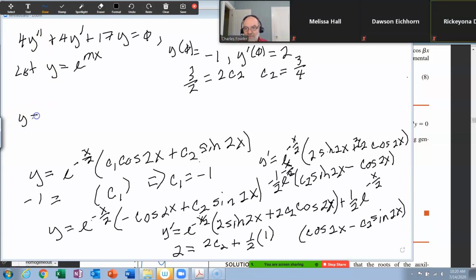y is equal to e to the minus x over 2, that doesn't change, times the C1 was a minus 1, the C2 was a 3/4, so I'm still going to write that first.